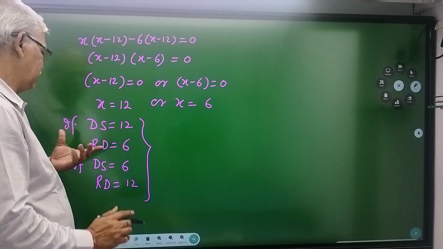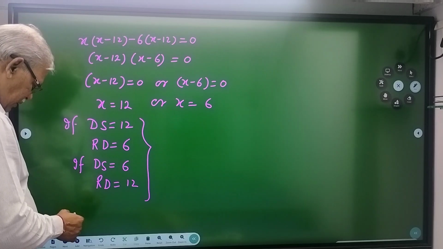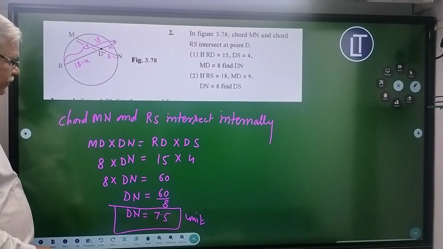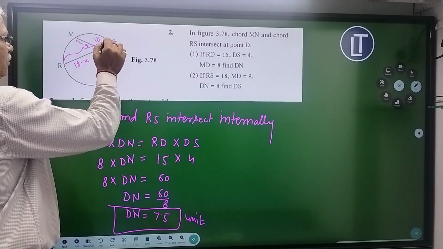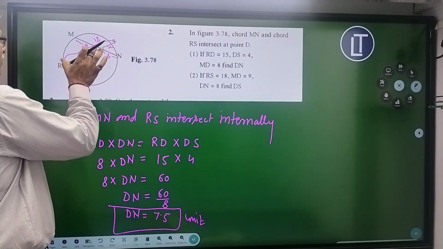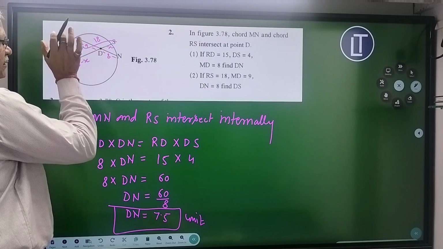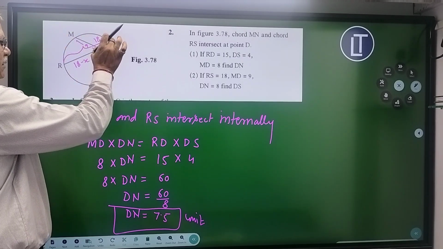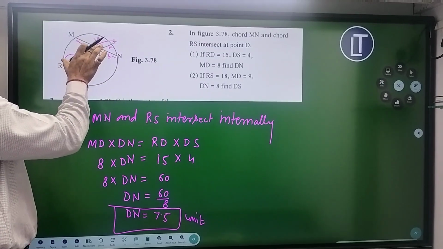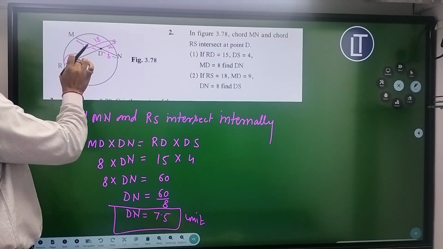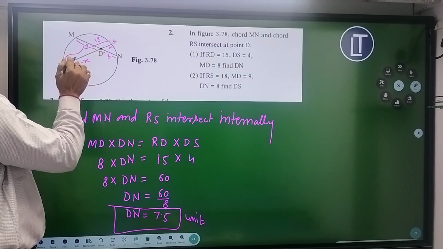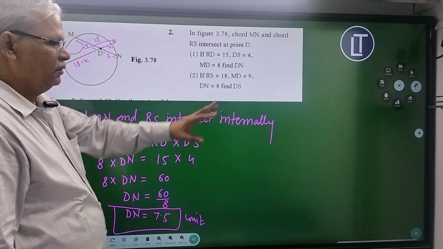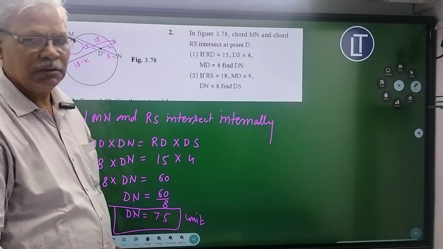Now see here, I am going to explain. If this value will be 6, this value will be 18 minus 6, that is 12. And if this is 12, then this value will be 18 minus 12, that is equal to 6. These are the values of DS. Okay, is there any problem?